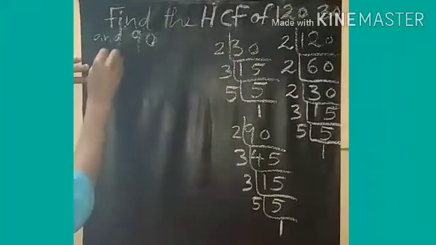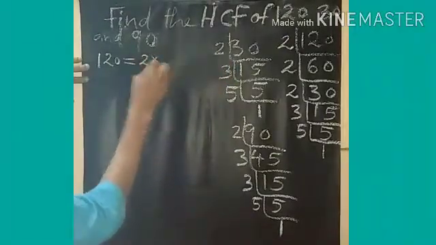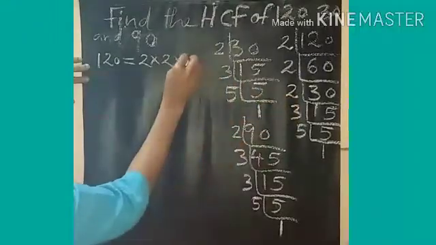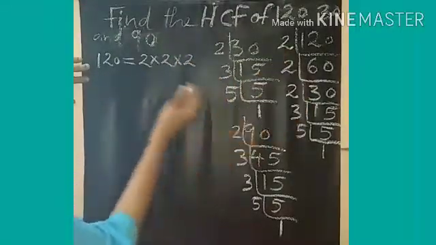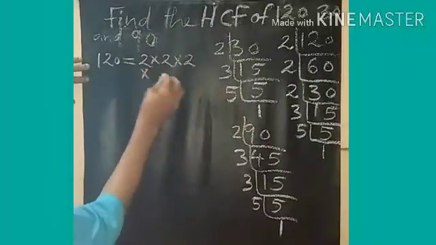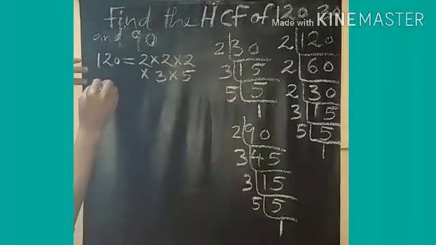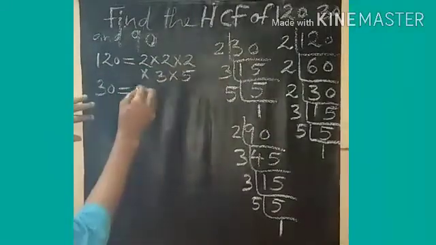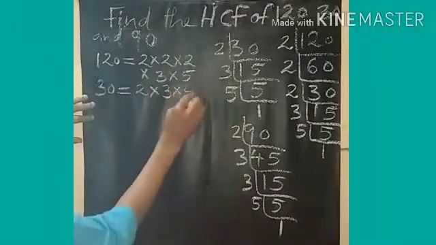Next, the factors. 120 is equal to 2 into 2 into 2 into 3 into 5. 2 occurs 3 times. Next, 30 is equal to the factors 2 into 3 into 5.